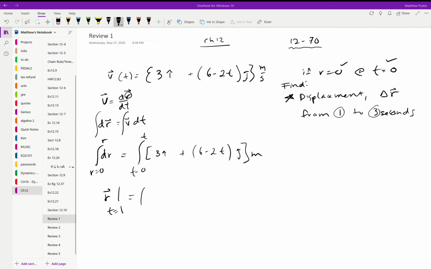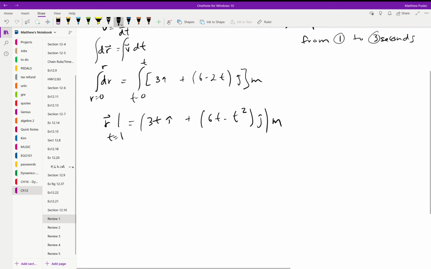We get 3t in the i direction plus 6t minus t squared in the j direction. And I knew that was about to happen.